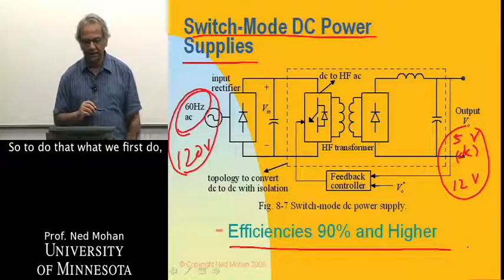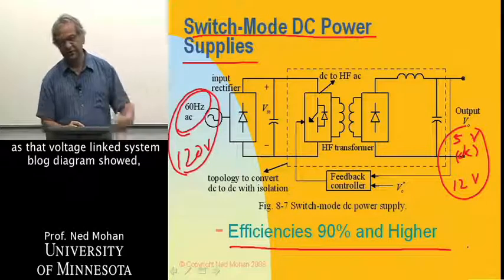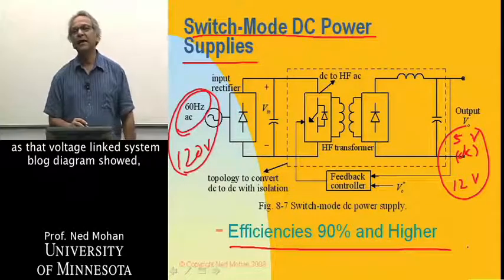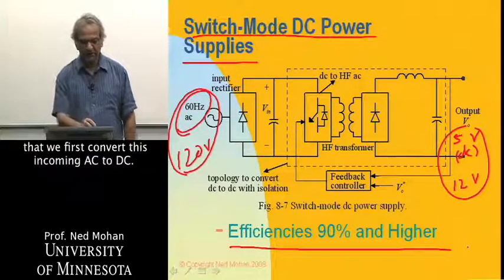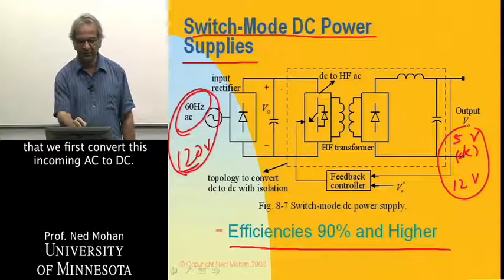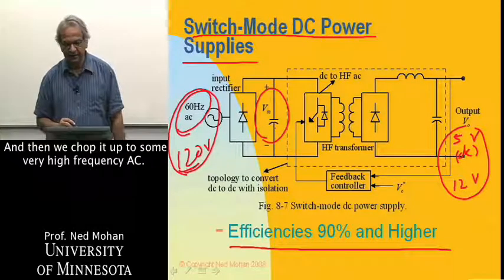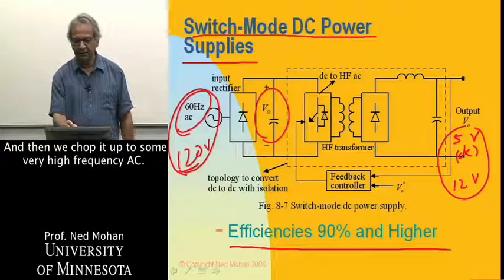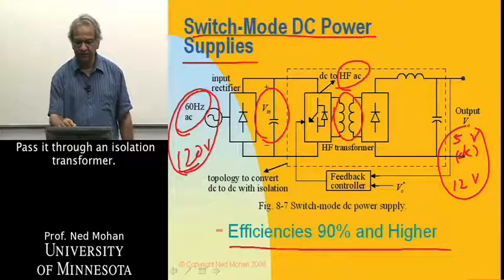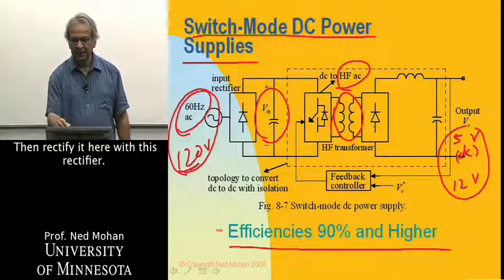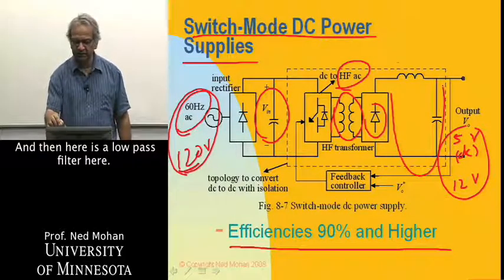To do that, as the voltage link system block diagram showed, we first convert this incoming AC to DC. And then we chop it up to some very high frequency AC, pass it through an isolation transformer, then rectify it here by this rectifier, and then here is a low pass filter.